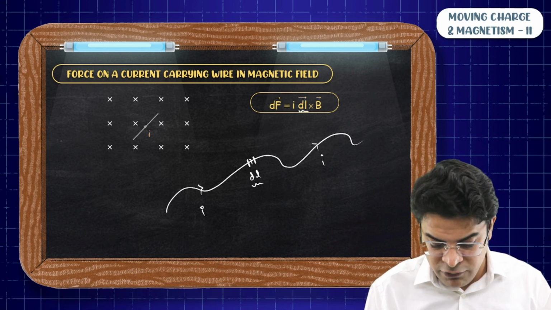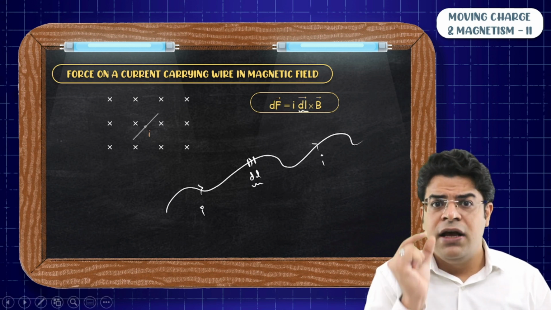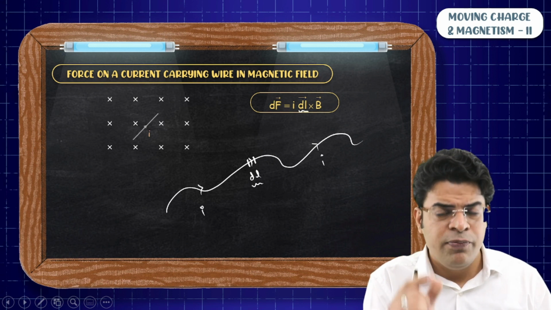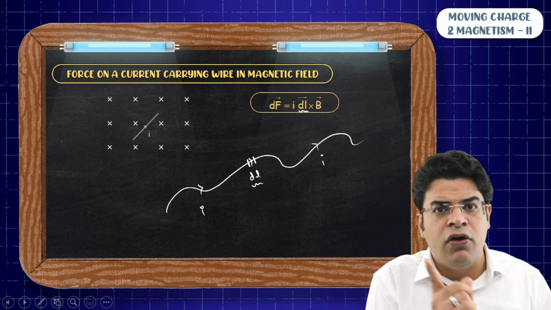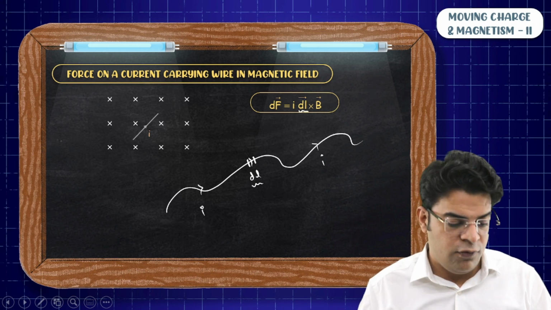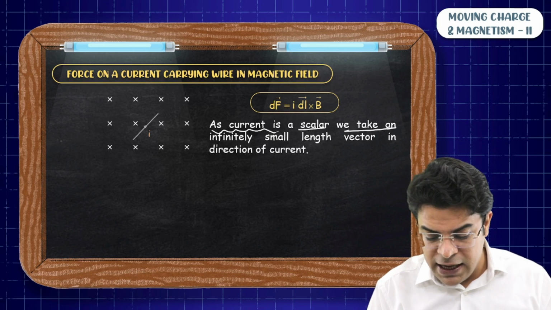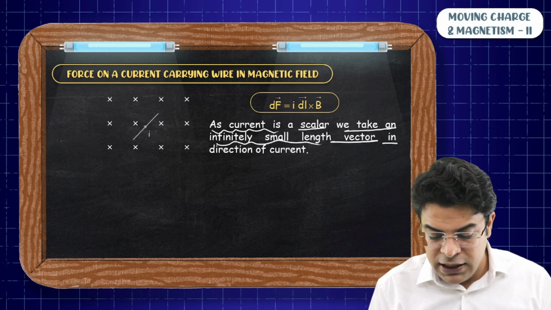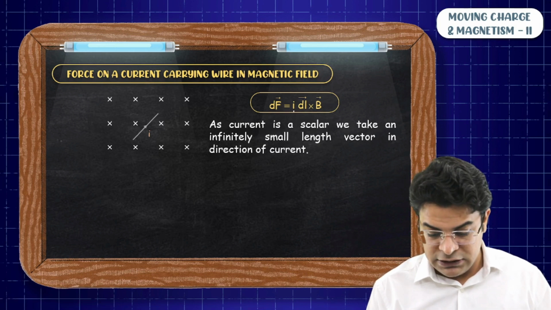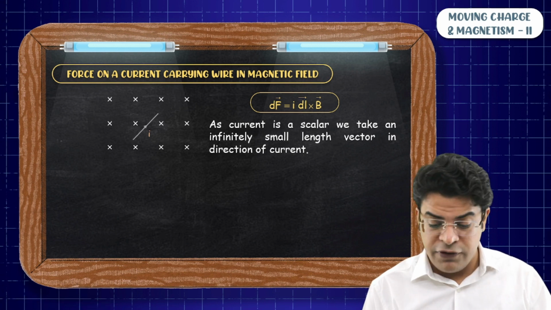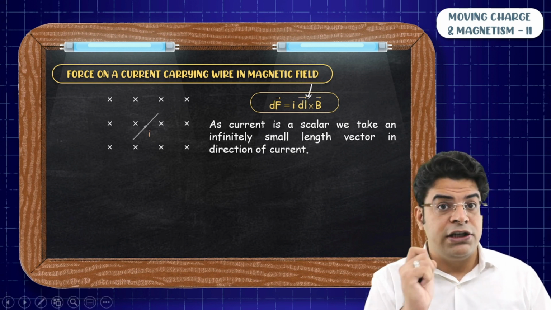So here we will say that the vector dl has the magnitude infinitely small dl and its direction is along the length of the wire in the direction in which the current flows. So as the current is a scalar, we take an infinitely small length vector in the direction of current.